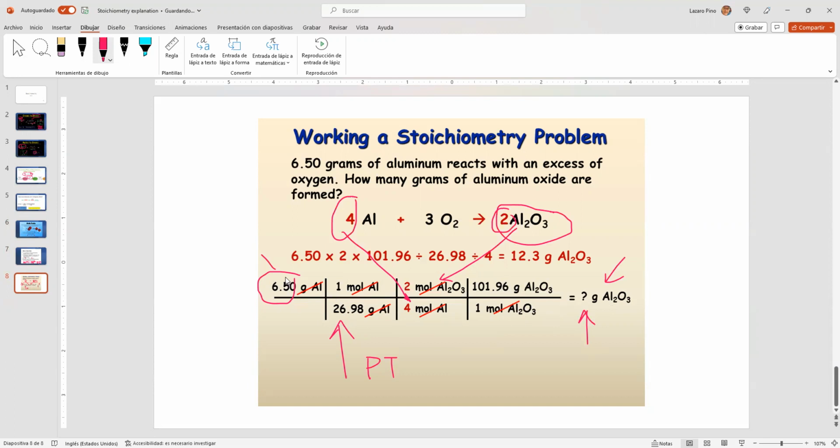Remember, you multiply this by this by this by this, and you get a number, and then this by this by this, and you get another number. Then you divide, for example, y by x, and then you get this number that will be in grams of aluminum oxide as you are asked for.